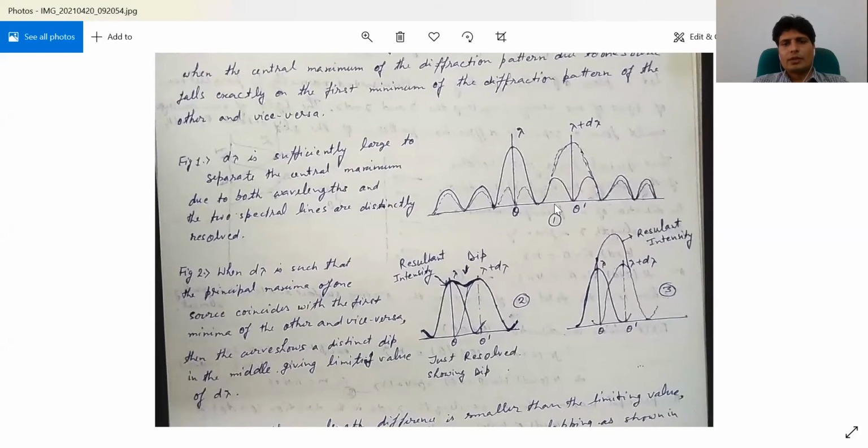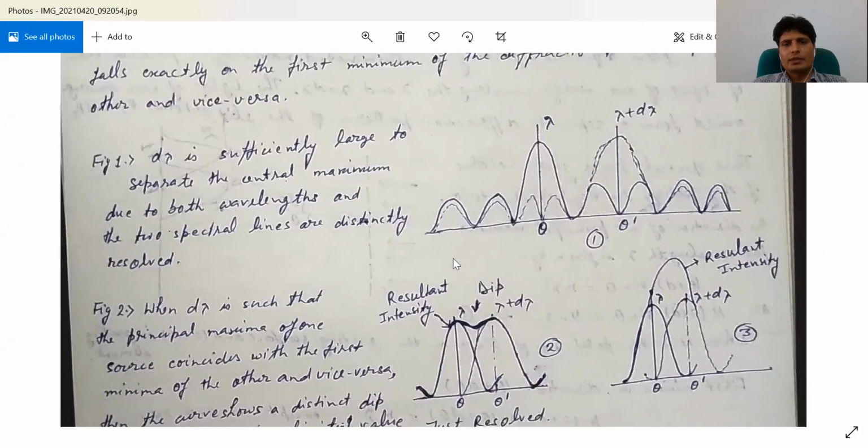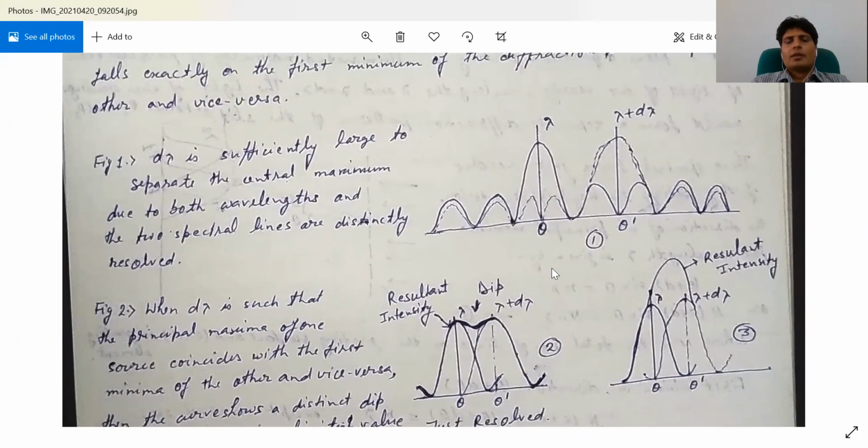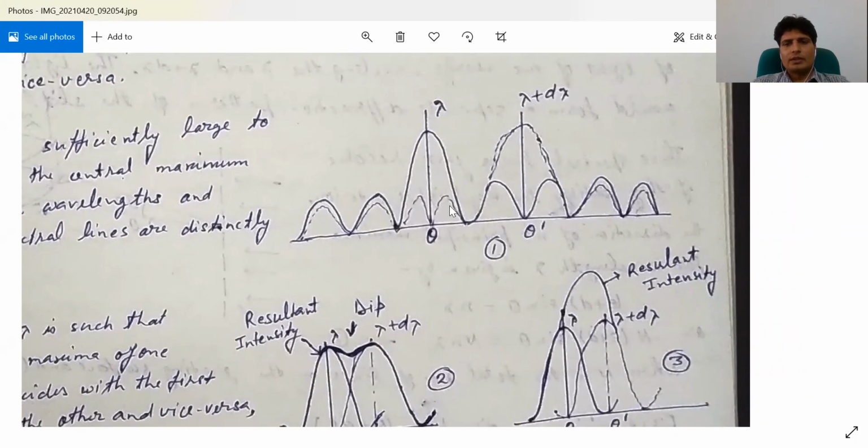You can zoom in over here so you can clearly see these figures. So for this we have good resolving power of the instrument.